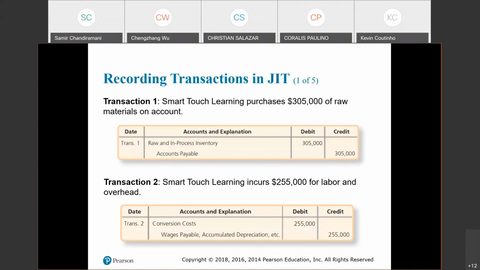All other manufacturing costs, including labor and various indirect materials and overheads, they are the indirect parts of the cost. All these indirect costs are accumulated in conversion cost.